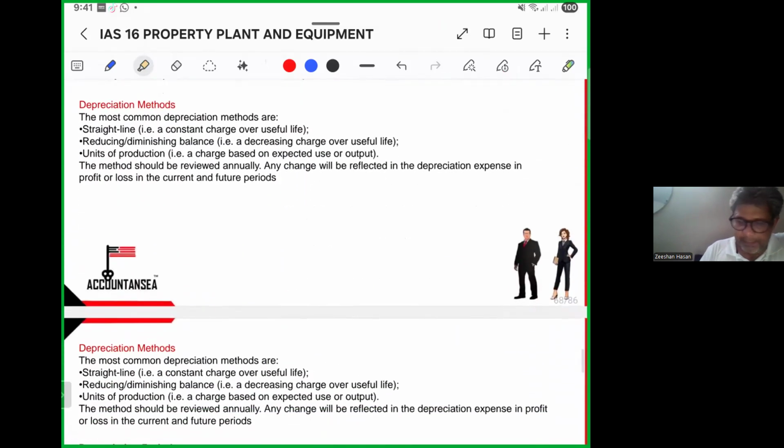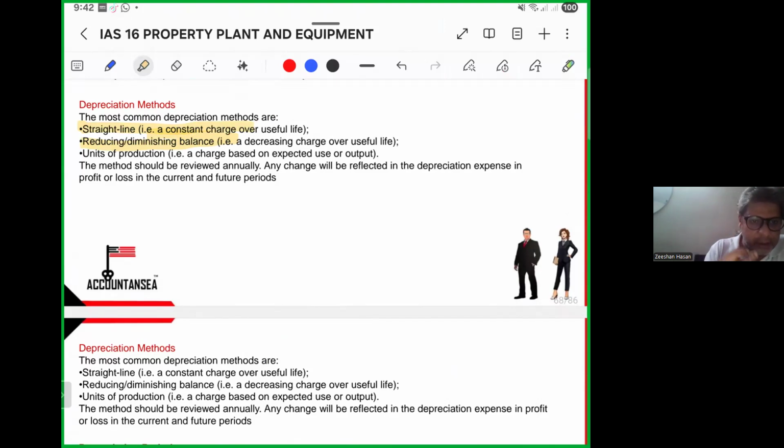Then depreciation methods. As far as the depreciation methods are concerned, we already discussed the most common ones: the straight line method and the reducing balance method, also known as diminishing balance, that is a decreasing charge over useful life.